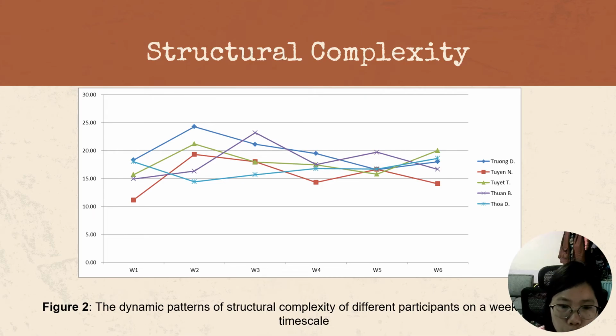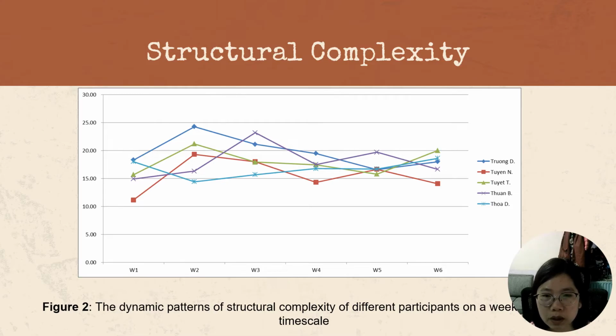Now in figure 2, we can see the dynamic patterns of structural complexity of different participants on a week-by-week time scale. And we can see the pattern of each student is very different.